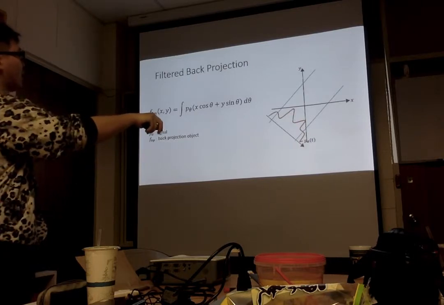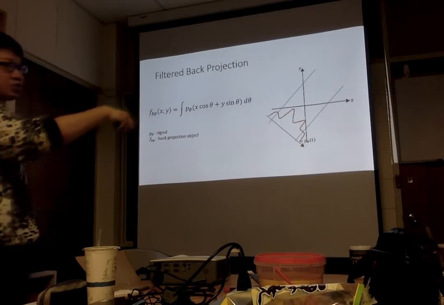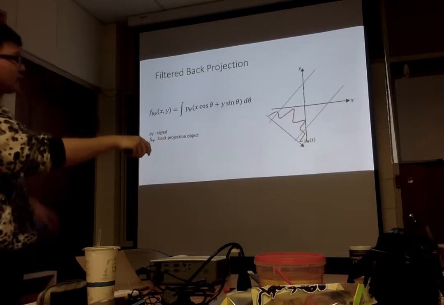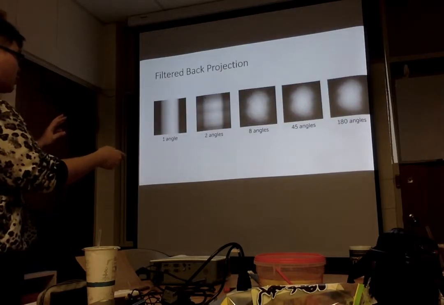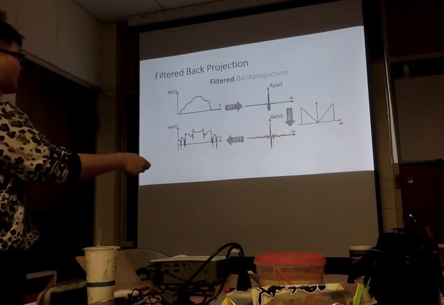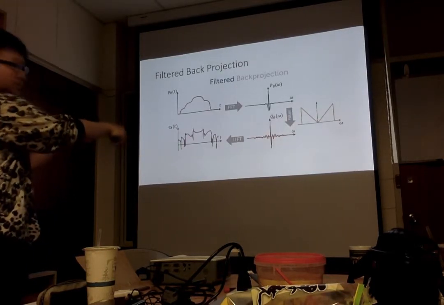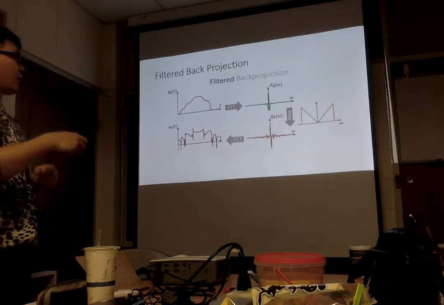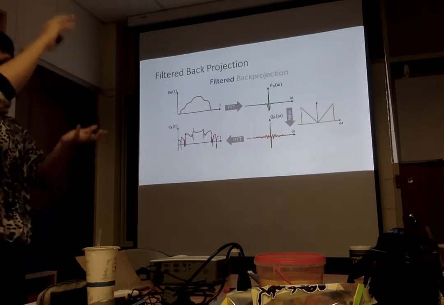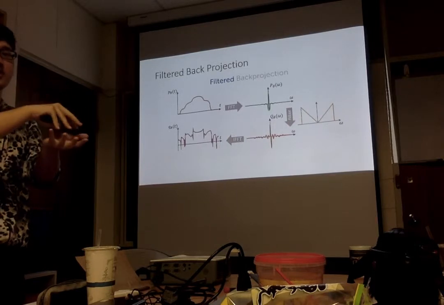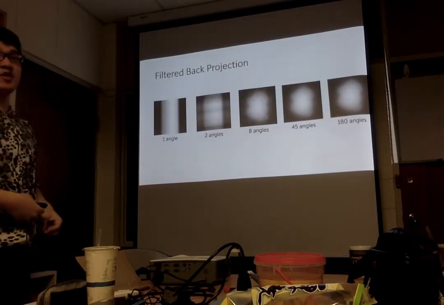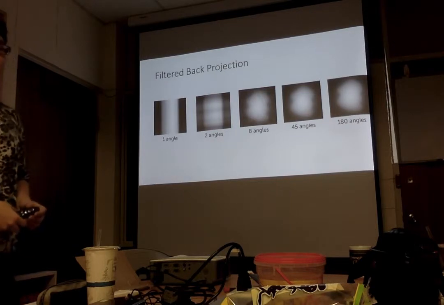From the first we do the projection like this. We get the signal like this, and we do the process like filter, and we overlap and add the signals after filtering, and we get the image. This is exactly what it does.